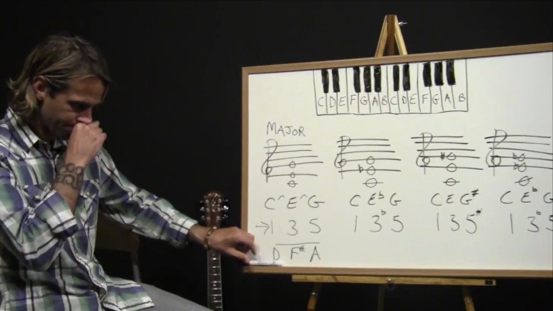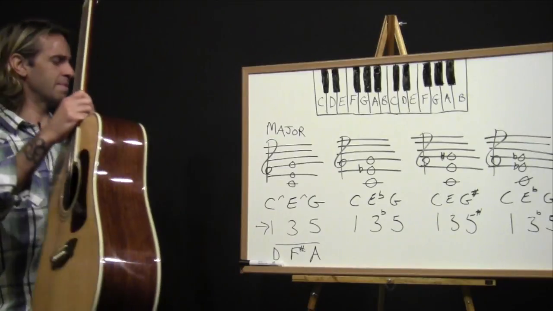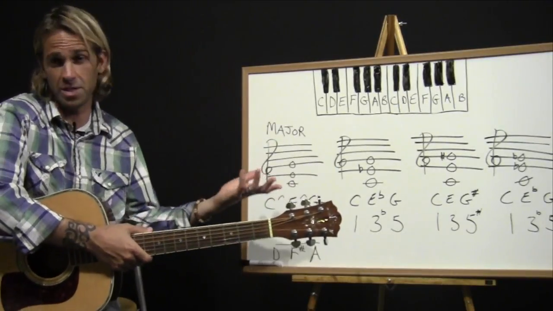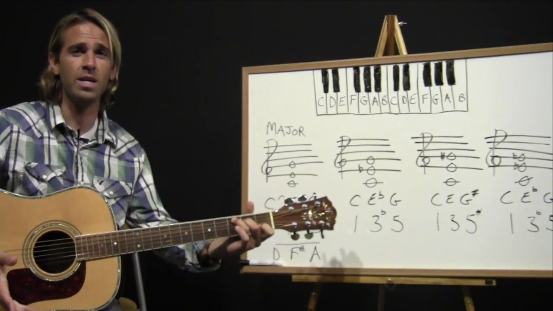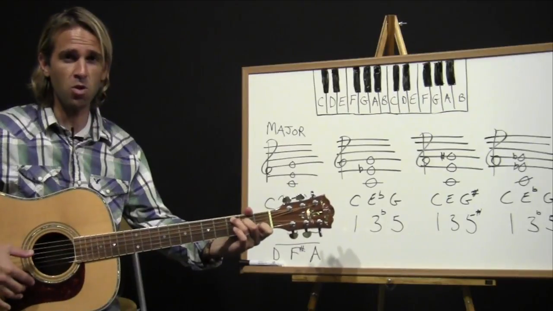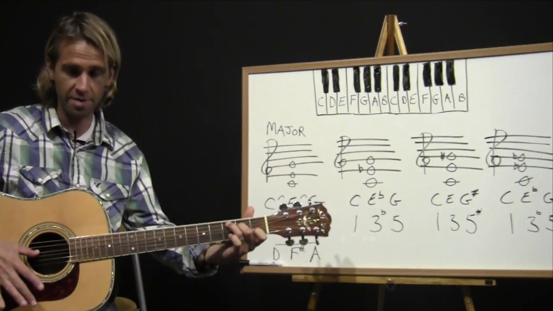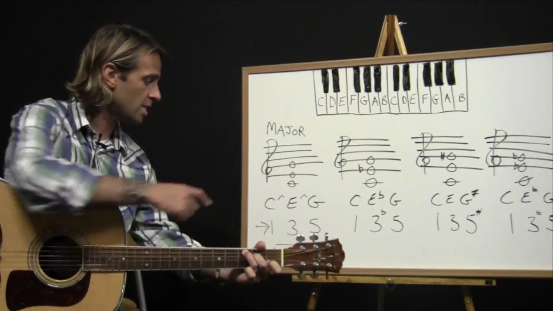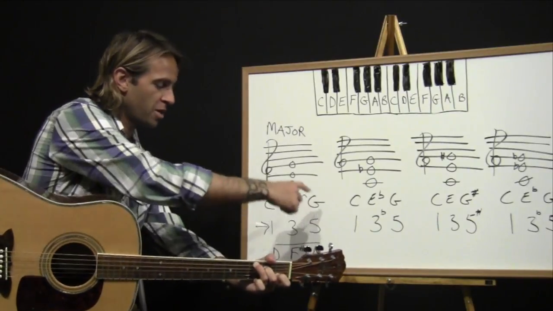Now, some of my guitar students, I know this might not be as much with piano students, but with guitar, people say to me, "Wait a minute, Brian, you say there's only 3 notes in the C major chord, but I'm hitting 5 strings. I don't get it." When you play a C chord on a guitar, let me read off the notes I'm hitting. First one's a C. There's our 1. Next one's an E. There's our 3rd.